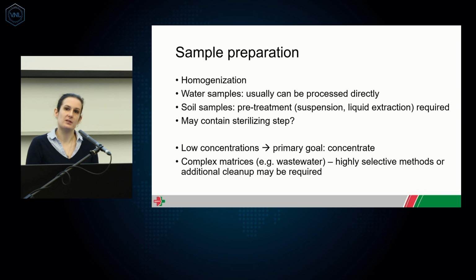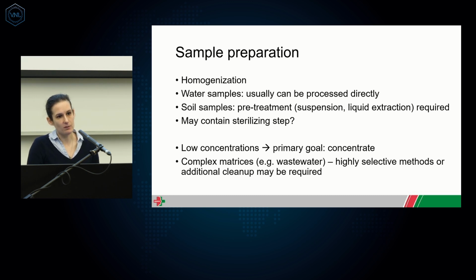In terms of environmental samples, the main goal of sample preparation is usually concentration, because analytes are present in low concentration. And in several cases, the matrices that we have to get rid of are very complex.